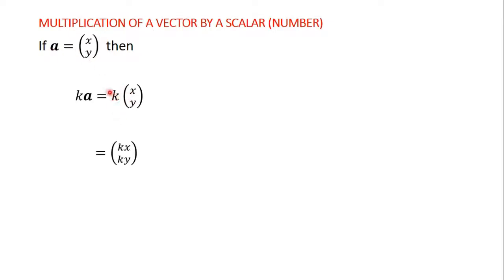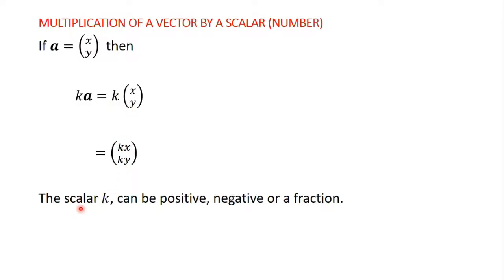You use the k to multiply the x component, then use that same k to multiply the y component. So this will give us kx, which will be the new x component, and ky, which will be the new y component. The scalar is k, and k can be positive, it can be negative, it can even be a fraction. So the k here can represent any number.